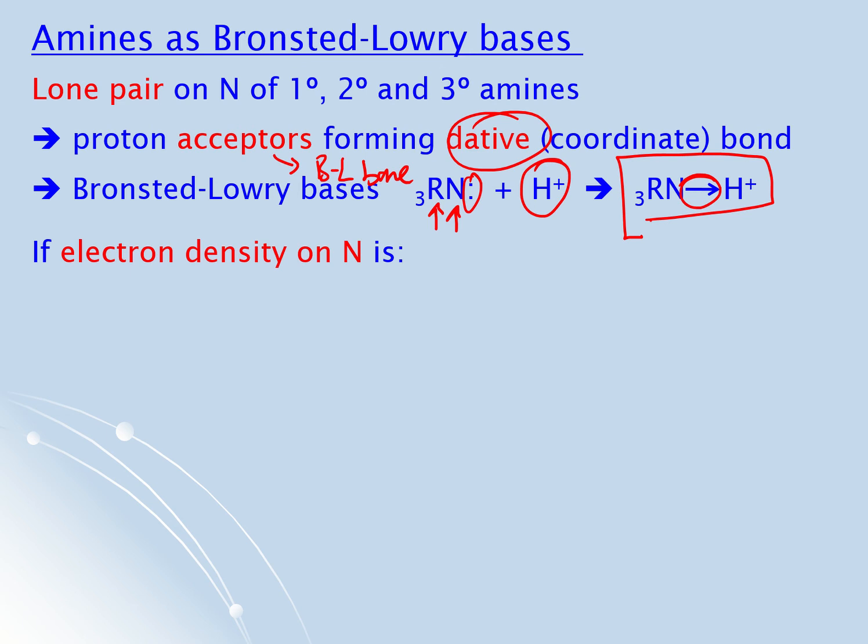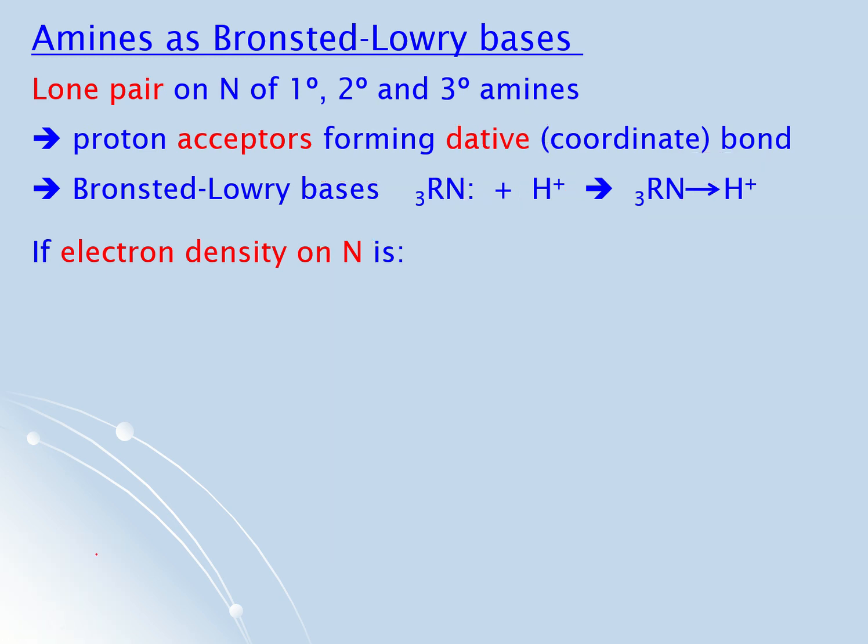Now, we need to be able to discuss why some of them are stronger bases than others and why some are weaker bases. It's all really to do with the electron density around the nitrogen, which has that lone pair of electrons and accepts the proton.